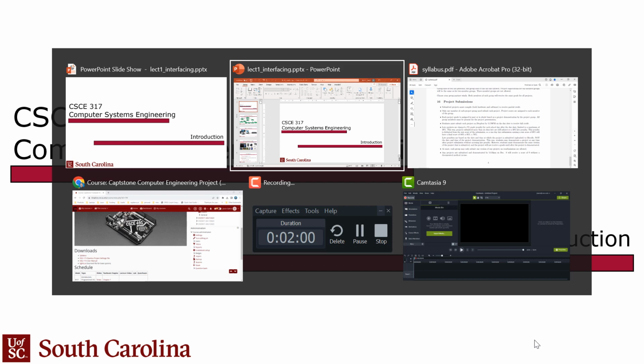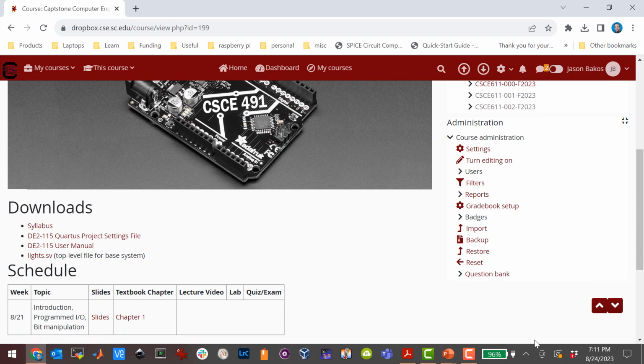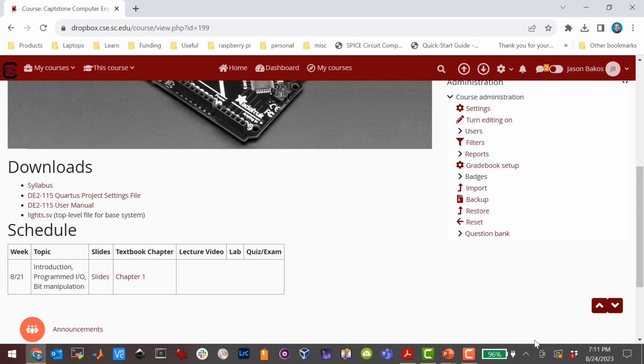Okay, all right, let's go ahead and get into the material. Oh yeah, this is the Moodle site. So here's the schedule, the syllabus is on here, and there'll be files that we'll be posting on there, data sheets and documentation.